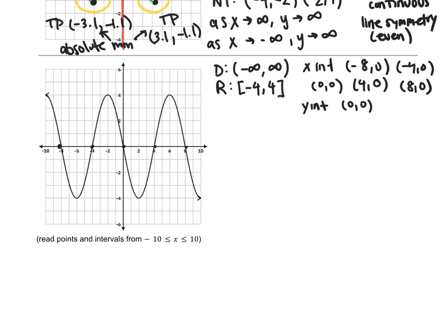Now our interval of increase. I'm reading from left to right. So my interval of increase, I'm increasing here and I'm increasing here. So in terms of my x values, we're looking from -6 to -2 and 2 to 6.